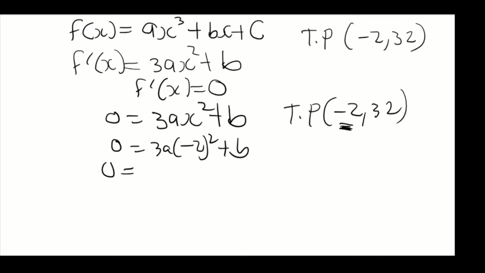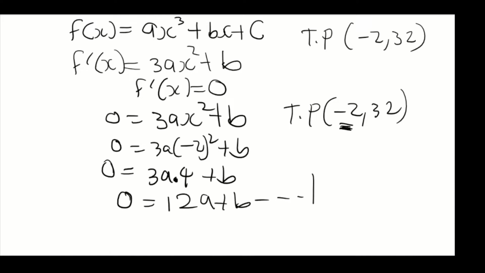So 0 is equal to 3a multiplied by 4 plus b. So 0 is equal to 12a plus b. So this is going to be your equation 1 for this problem.